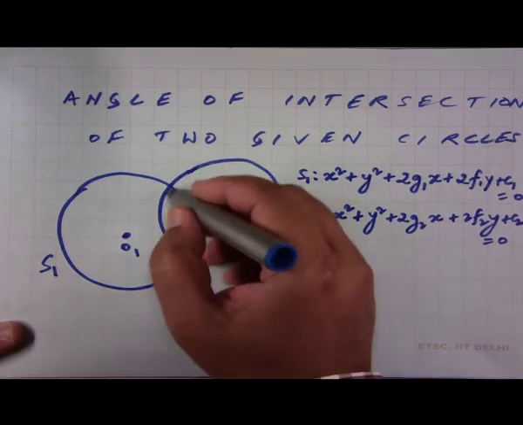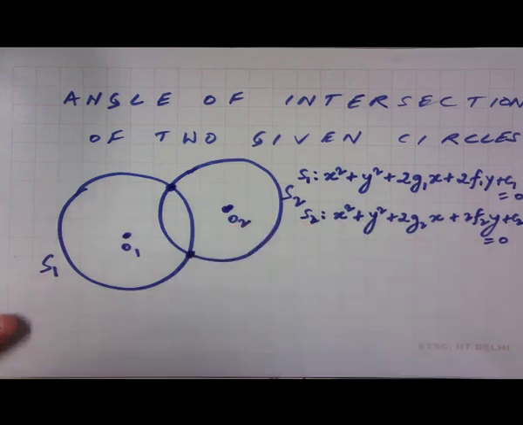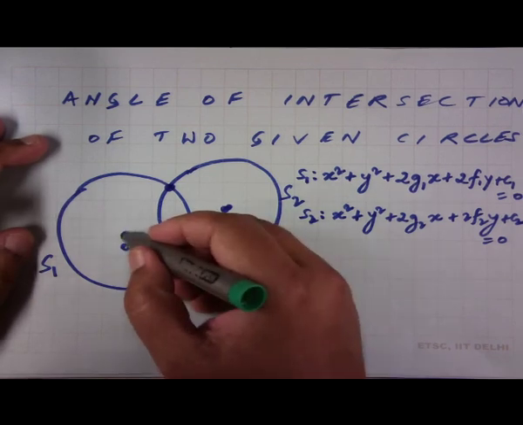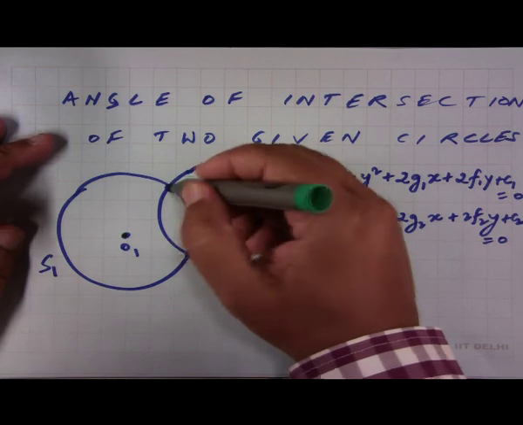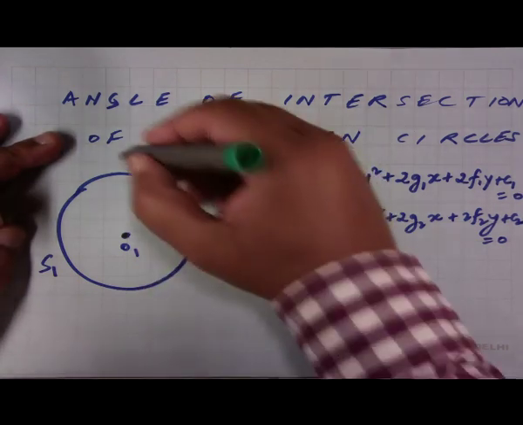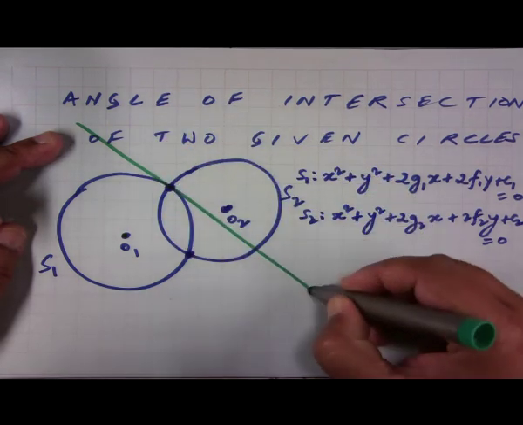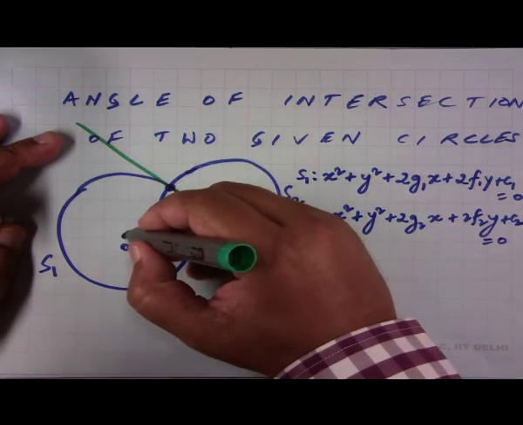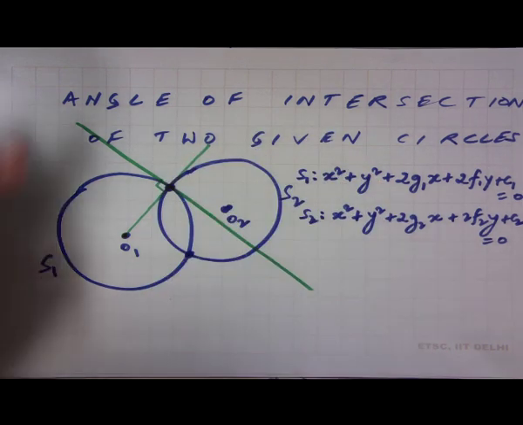So, these two circles intersect at these 2 points. Now, let us draw a tangent to the first circle, a tangent at this point of intersection. So, the tangent will look something like this. So, essentially this is going to be 90 degrees.